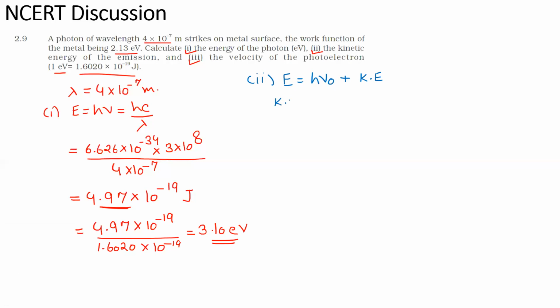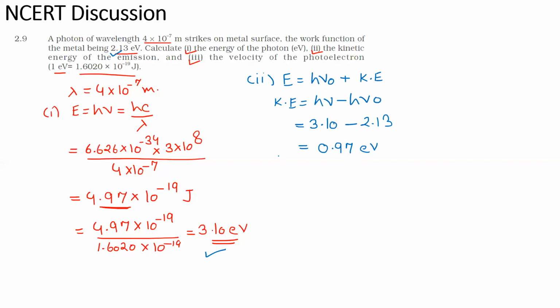So the kinetic energy will be equal to the total energy h nu minus the work function h nu naught. We know h nu as 3.10 electron volts. So this is equal to 3.10 minus the work function given to us as 2.13 electron volts, which will be equal to 0.97 electron volts.